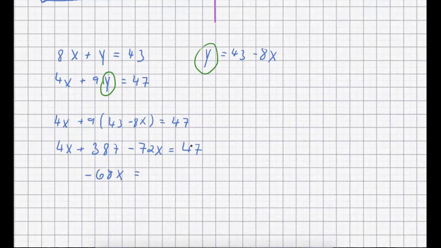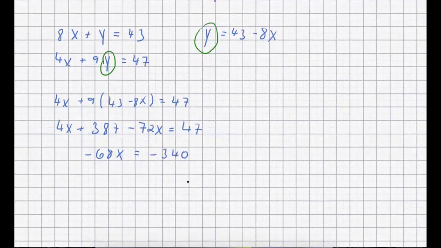And then you have 47 minus 387, it's minus 340. How do you find x? We do minus 340 divided by minus 68, which is 5. So x equals 5.